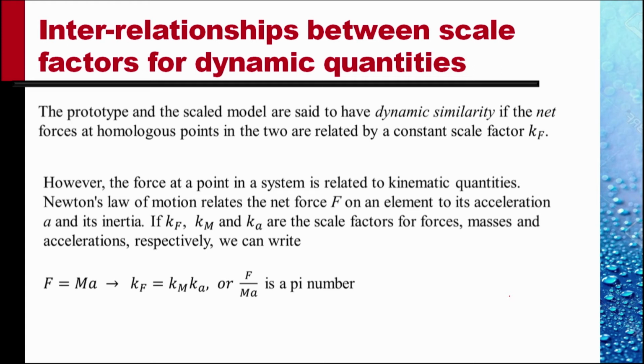Newton's law of motion relates the net force F on the element to its acceleration A and inertia. If Kf, Km and Ka are the scale factors for forces, masses and accelerations respectively, we can write F is equal to Ma, which gives us Kf is equal to Km into Ka, or converting into pi number, that F divided by Ma is a pi number.